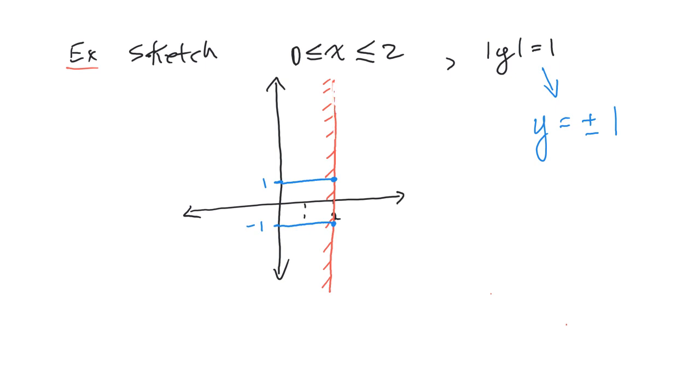We're basically getting all of the points that go from y equals -1 all the way out to 2, so we end up with just two horizontal lines. Take a moment and copy that, and we'll move on to the next problem.